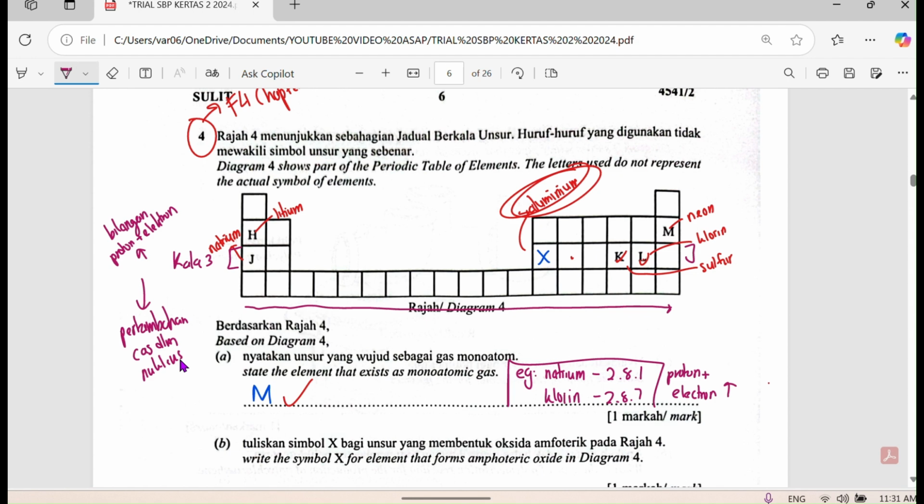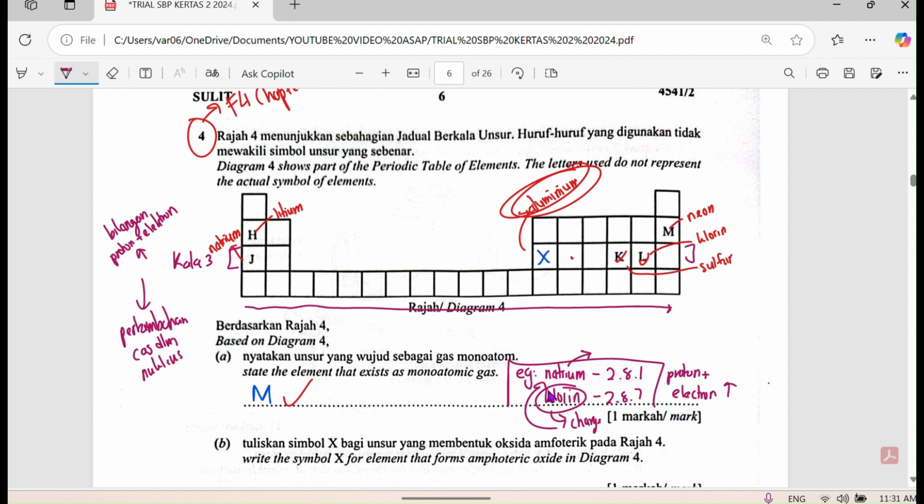So the nucleus for chlorine is way more charged compared to the nucleus of the atom natrium, correct?